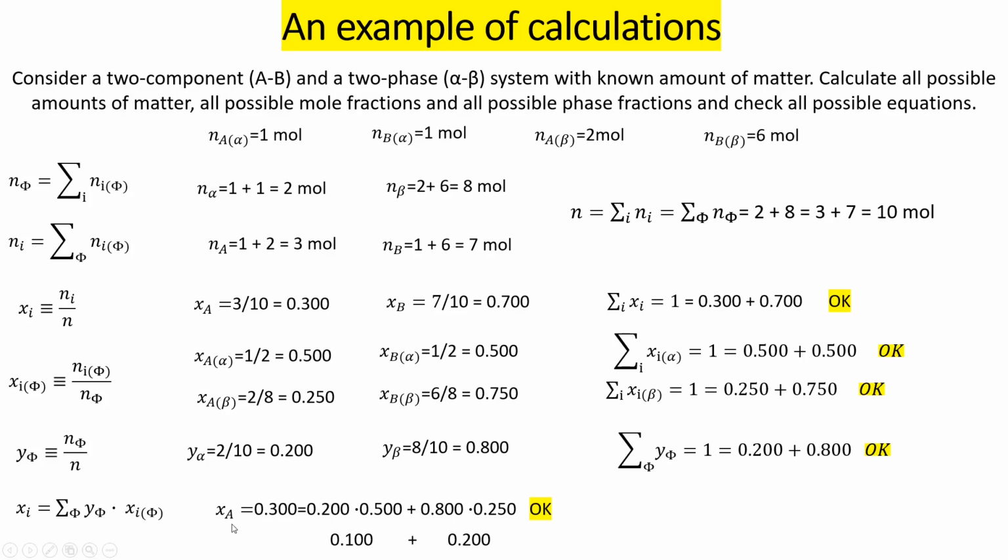obeyed for component A. Now let me check the same for component B. So the final result should be the average mole fraction of B in the system, which we calculated as XB 0.7. So this must be the final result. And again, in this material balance equation, I have two terms, two products, because we have the two phases.